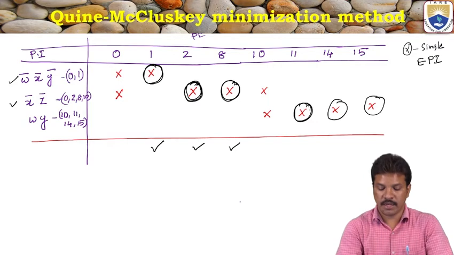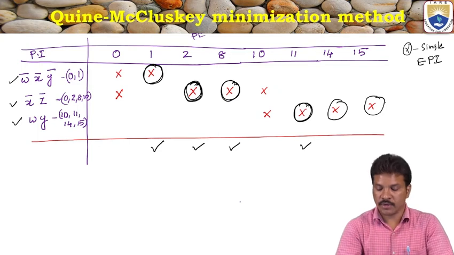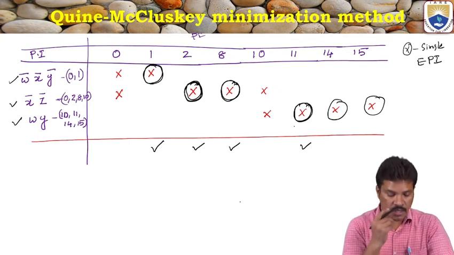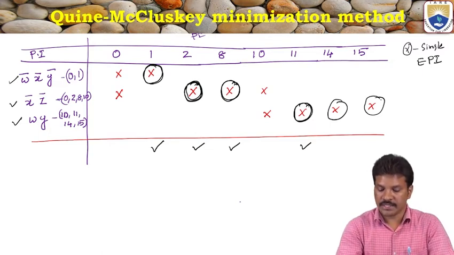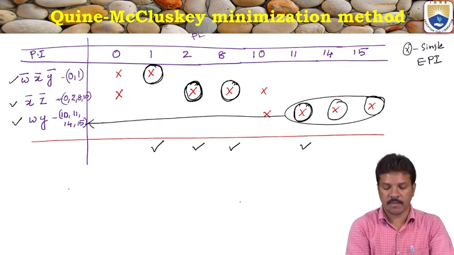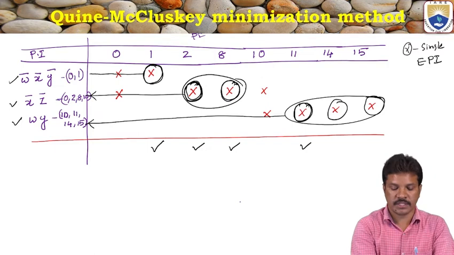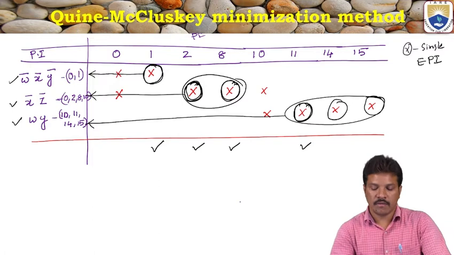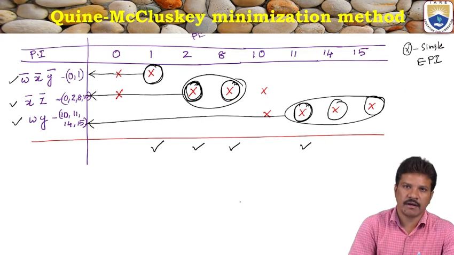This is covered by the third one. So all three of the prime implicants are covered by the essential prime implicants; whatever the essential prime implicants are, they are covered by all three prime implicants.